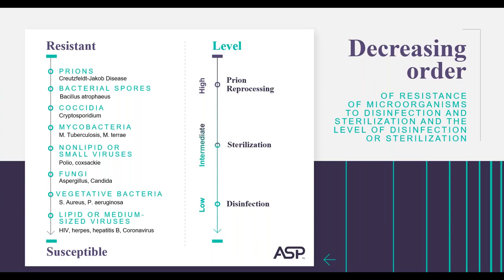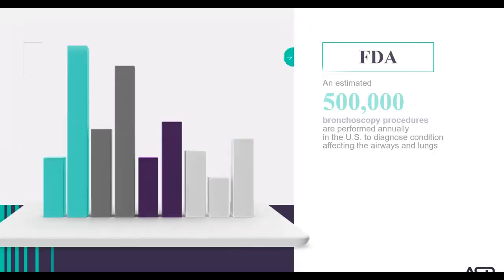Prions are associated with Creutzfeldt-Jakob disease, or CJD. You may have heard of mad cow. And if you have a patient who's suspected of having CJD, you do want to follow your policy and procedure for reprocessing those devices, which is most likely based on the WHO recommendations, so the World Health Organization. So that's another topic for another day.